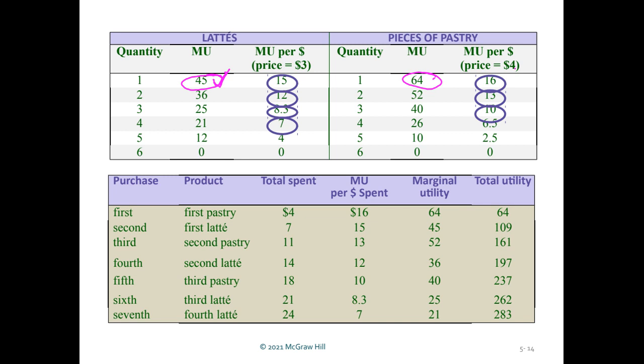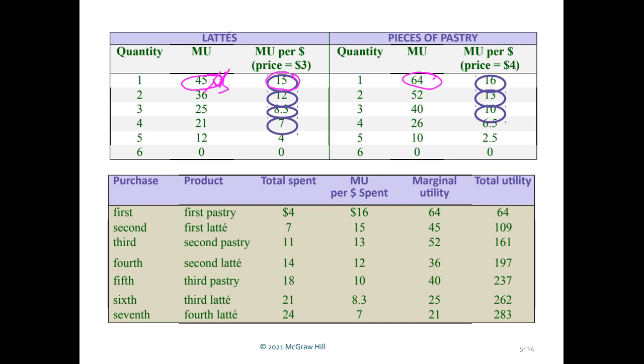We divide by price. 45 divided by 3 gives you 15. So every additional dollar you spend on latte, you will receive 15 utility. And for pastry, the additional utility per dollar would be 16. So 16 is greater than 15, and therefore you first buy pastry.